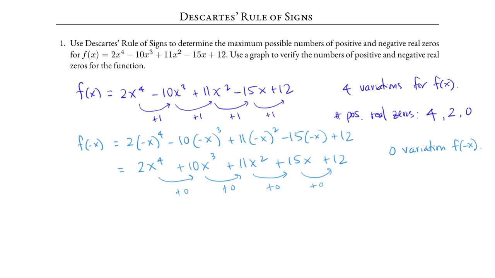The rule states that the number of negative real zeros is either the number of variations or less than that by an even whole number. The number of real zeros must be positive or 0, and there is no even number that is positive but less than 0. So in this case, there are no negative real zeros.